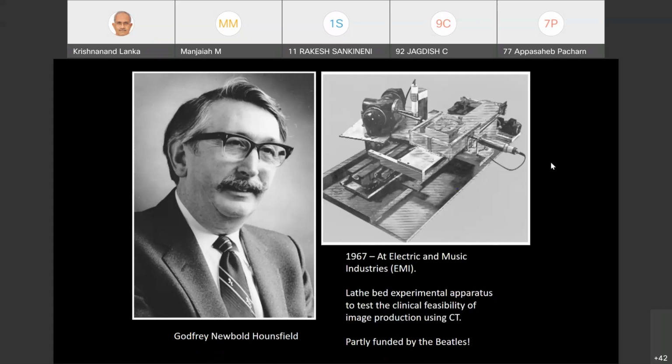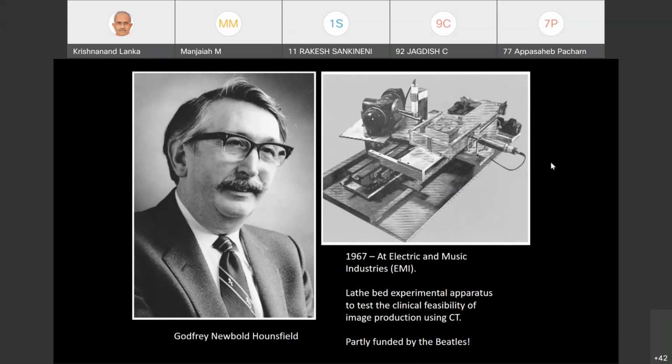He approached various research agencies in the UK, and everyone turned him down, saying this will not work. When he went to the Beatles, they partially funded him because their songs had become so popular that they had so much money and didn't know what to do with it. They thought, here is a man who says he will do a lot of things, so we will fund him. So the EMI people finally funded this research.